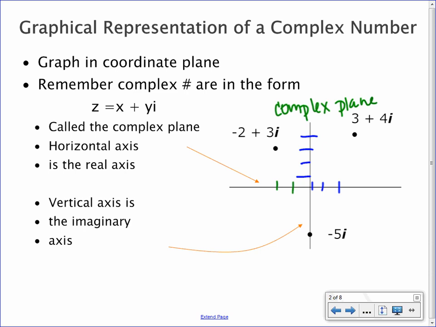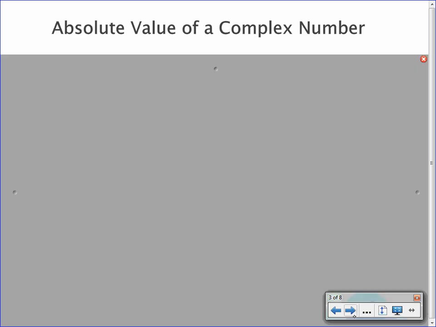What is the definition of the absolute value of a number? The distance from 0. Are you guys okay with that definition? Okay. So if we are talking about the absolute value of a complex number, when we graph a complex number, how do we figure out how far away from 0 it is?